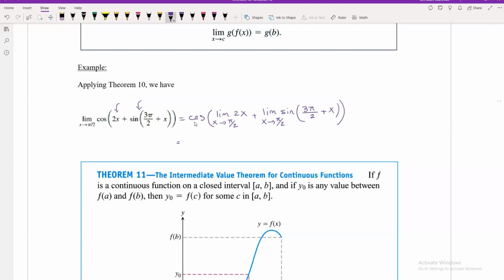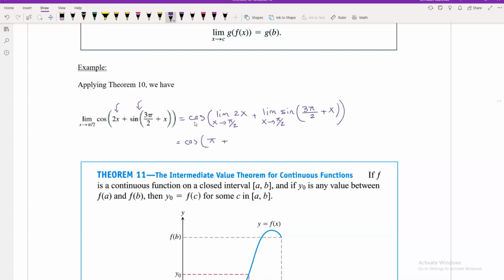So this is equal to cosine. Here, instead of x, using pi over 2, we have 2 times pi over 2, and that is pi. So this is for the first part, plus.